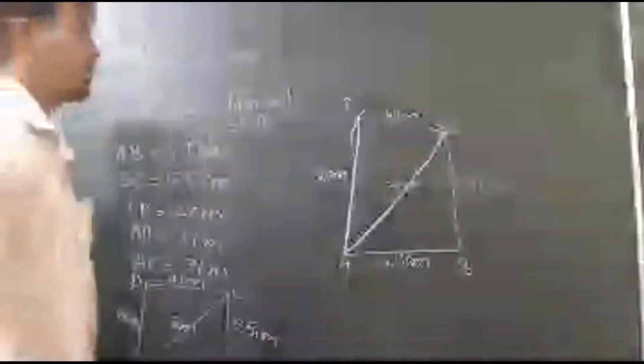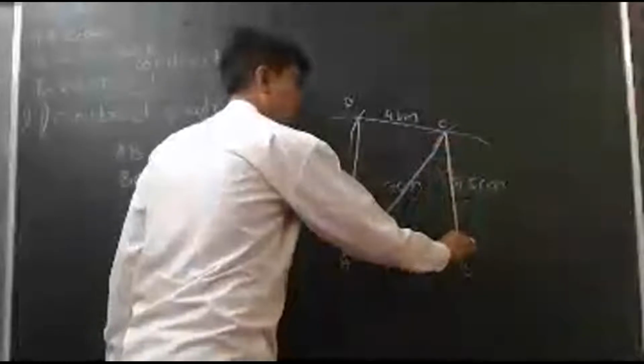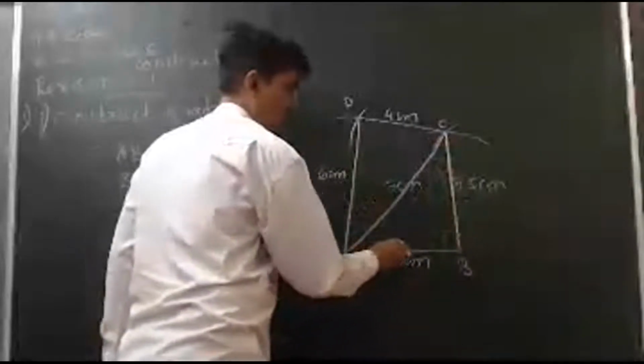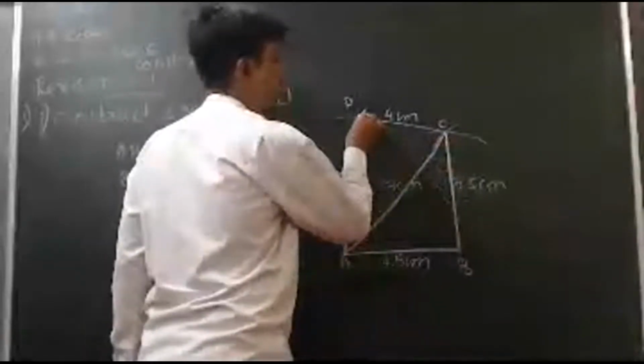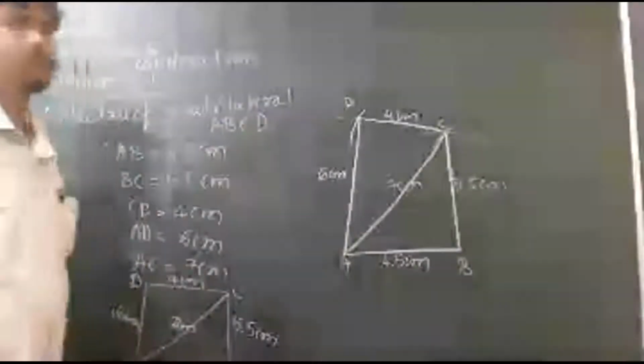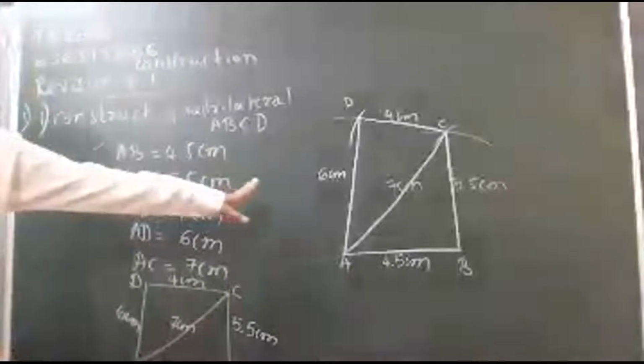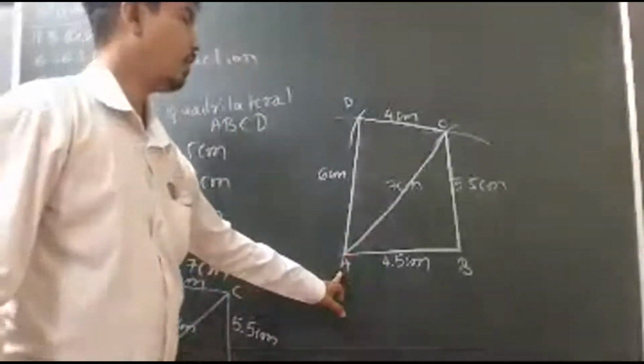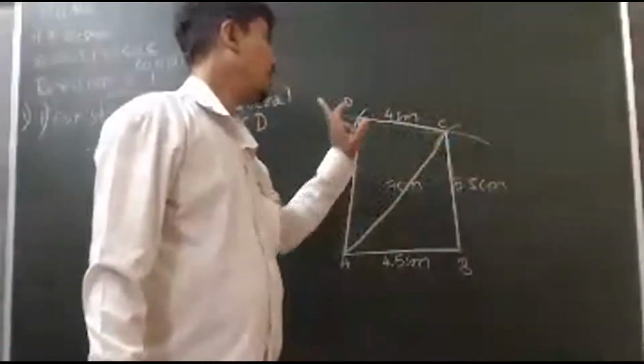The lines should be straight. So this is our quadrilateral labeled as A, B, C, D.